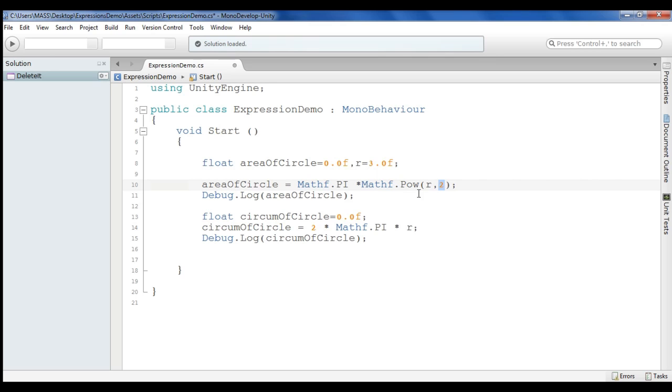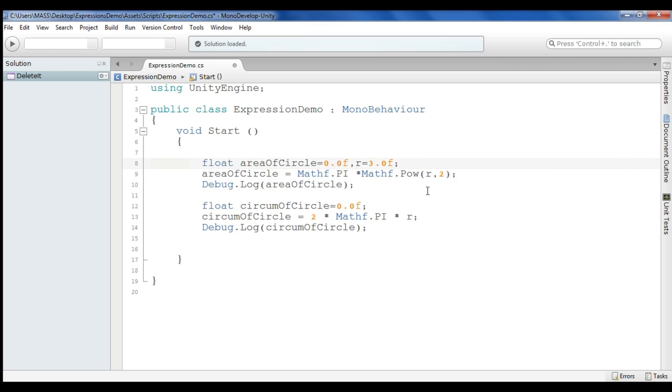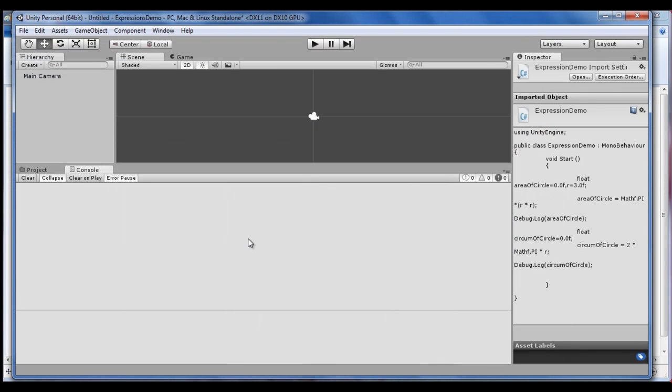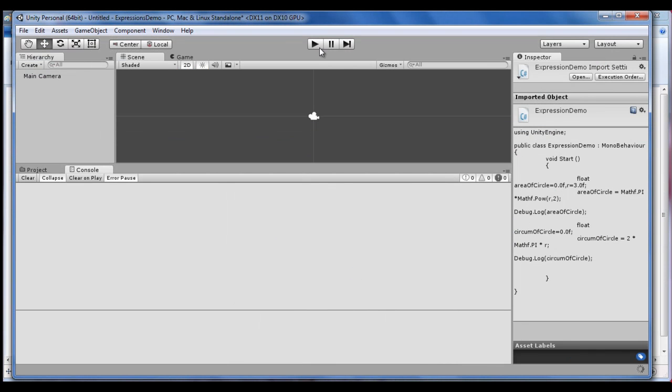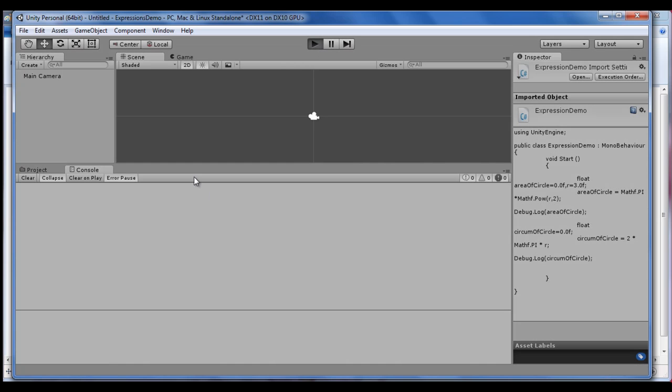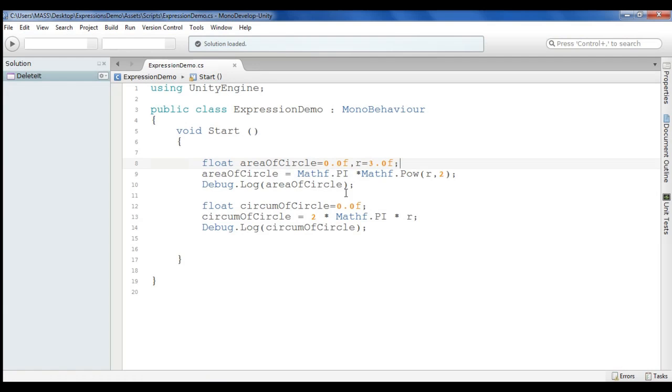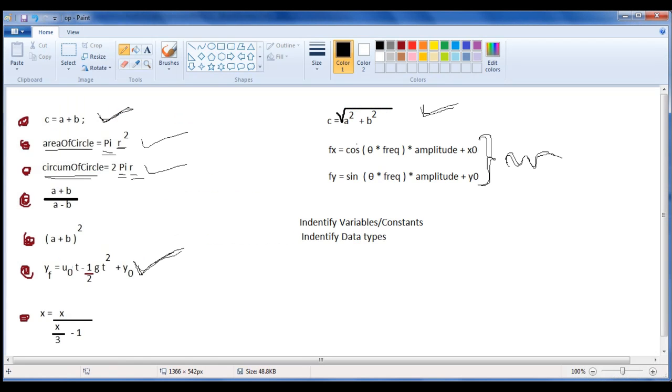You can see that we are using the built-in functionalities, which are very useful, right? Now let us see whether we get the result properly or not. Okay, you can see that we got the result. Now these are the different ways in which you can convert these two expressions.